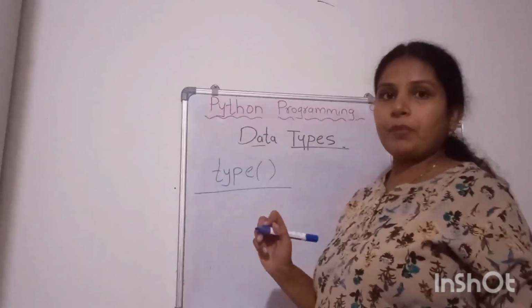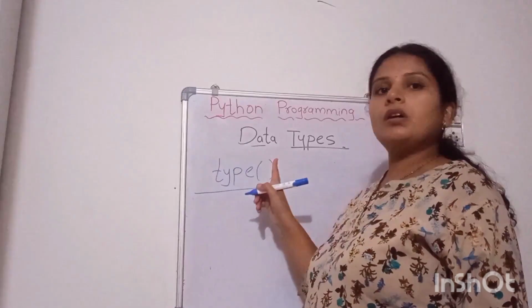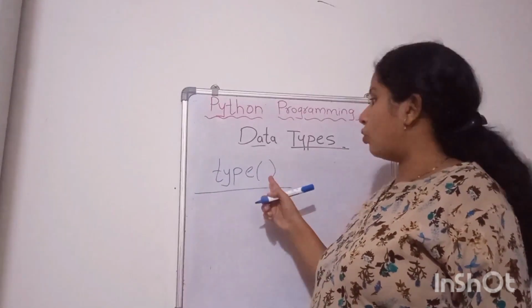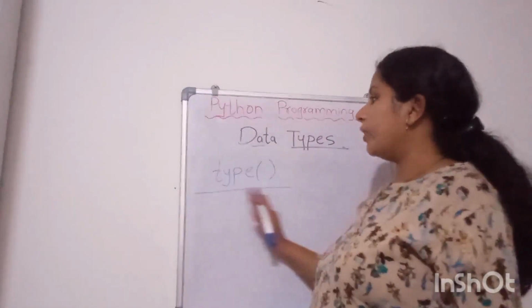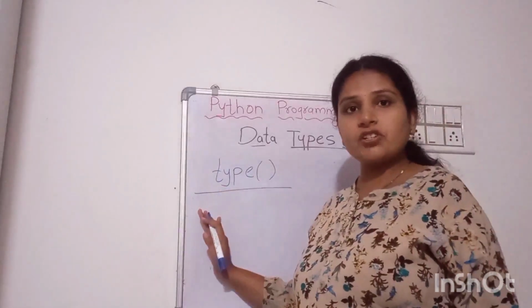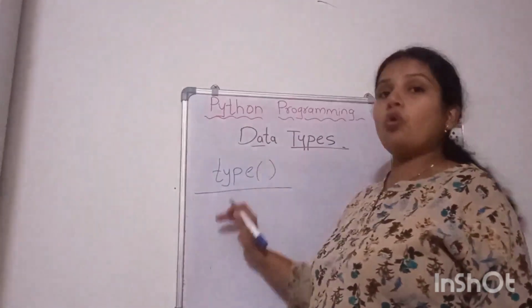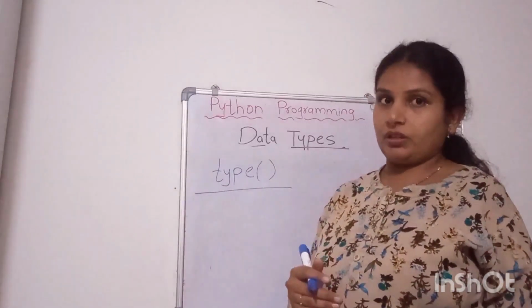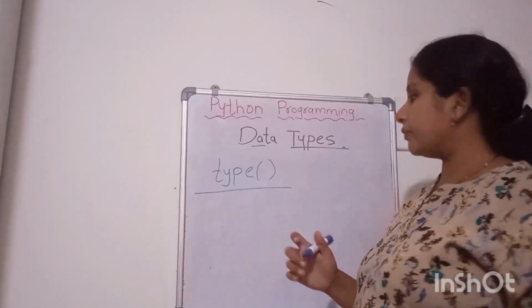Every function in Python ends with empty brackets or some parameters or values in the brackets. Why we need this function, what is the purpose of this function, is to know the type of the data that you are using.